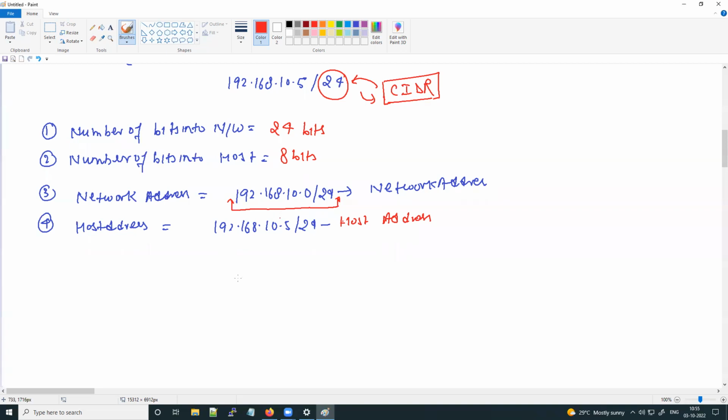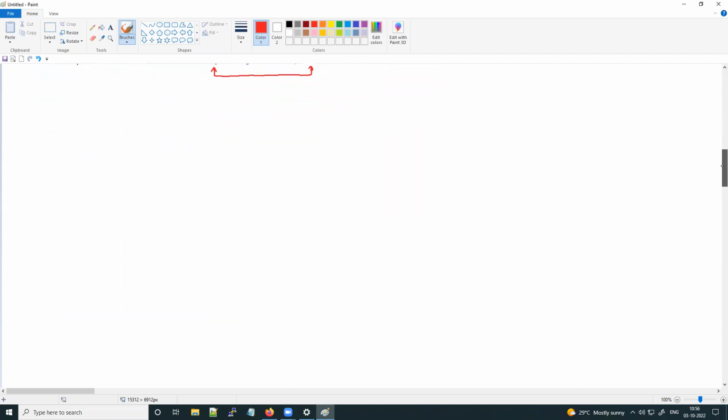So we have to write down the network address, then the host address. This is how we identify how many bits we have on the network side and how many bits we have on the host side. So this is the decimal representation for IP.